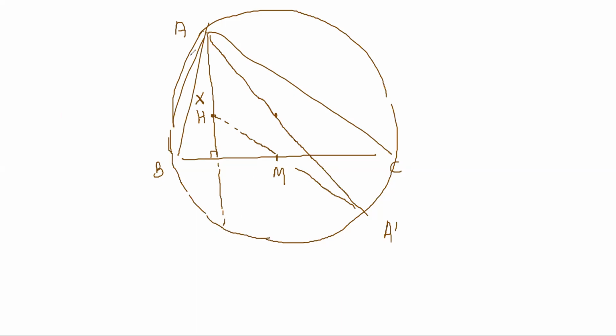And once we got that, AH is equal to 2OM, and then we joined this and joined this, and we proved that T dash is equal to T, the centroid.